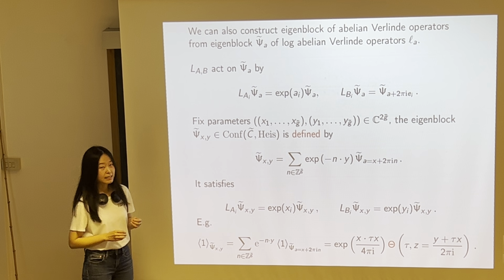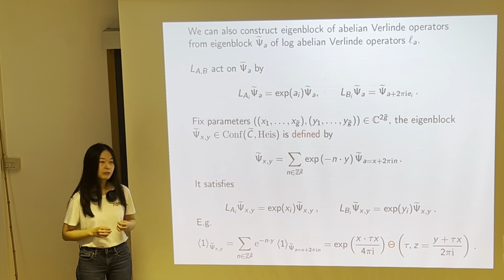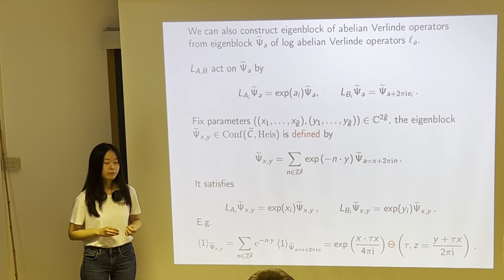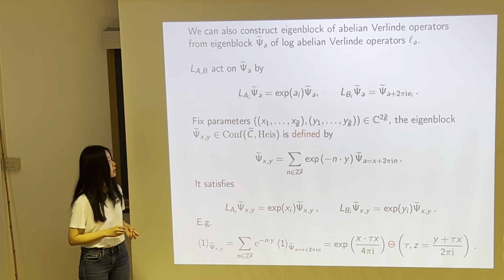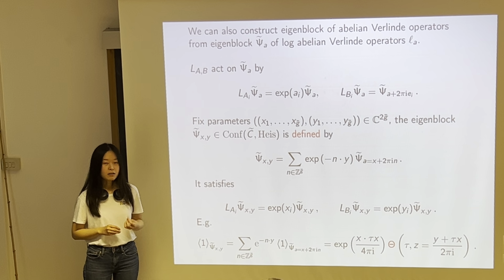The other family is this conformal eigenblock diagonalizing the actual abelian Verlinde operators. Those conformal blocks can also be built from this psi tilde A we have just seen, which diagonalizes the log Verlinde operators on the A cycles.